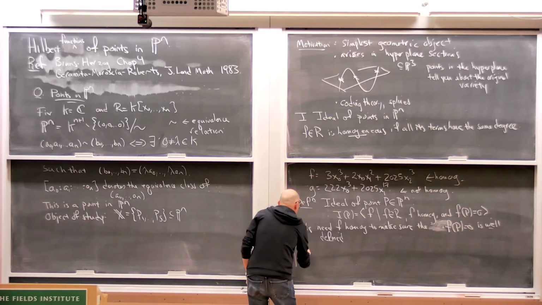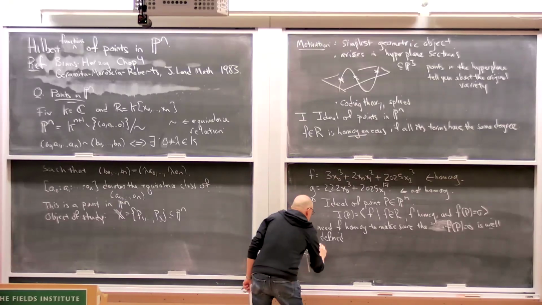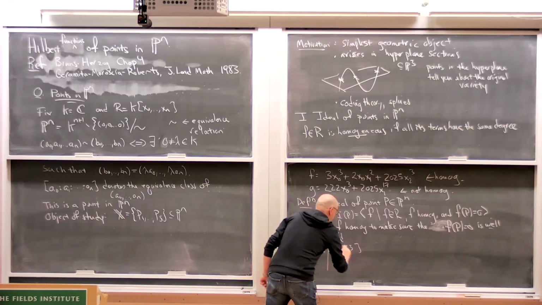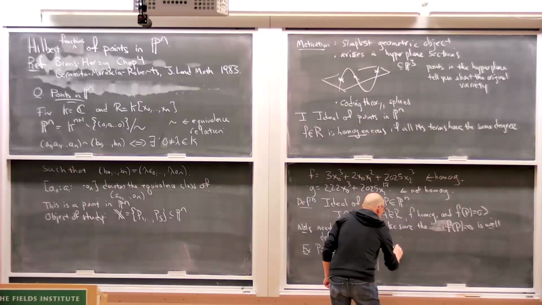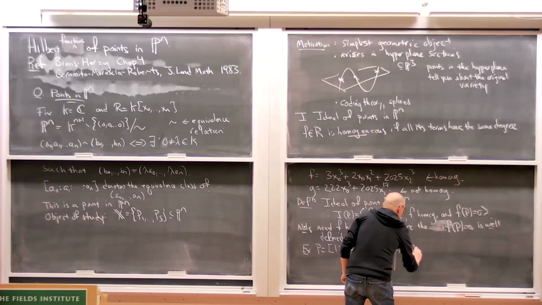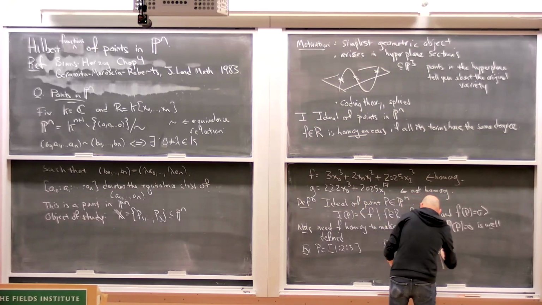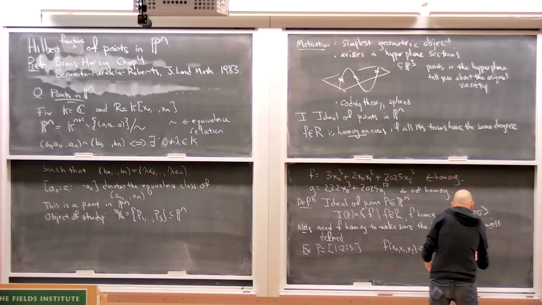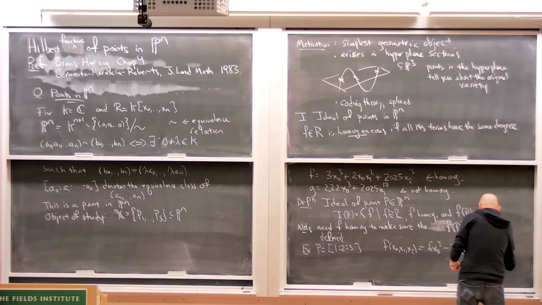Sometimes it's easier to see how this works in an example. Let's say I take the point 1, 2, 3. There's my projective point. And here is my polynomial in x0, x1, x2: 6x0 squared minus 2x0 x2 minus 3x0 x1 plus x1 x2.